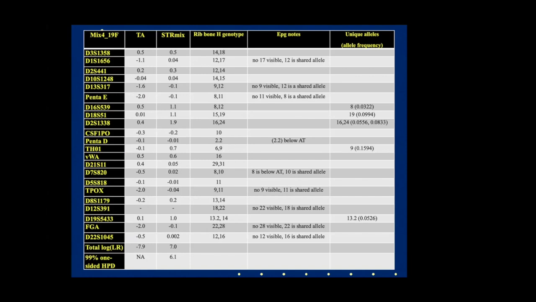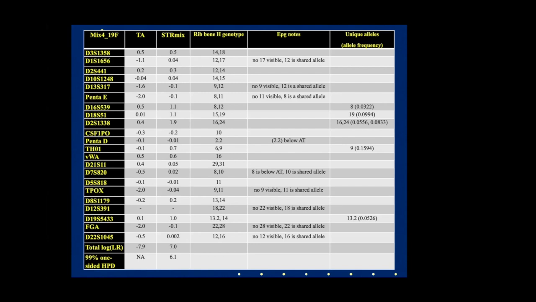This data table gives you some details about the electropherogram, rib bone H, and TrueAllele and STRmix per locus log LRs. And under EPG notes, in the middle, for each of these loci, which are listed on the left, the rib bone H genotype you can see is the column right there where Matt has the cursor.